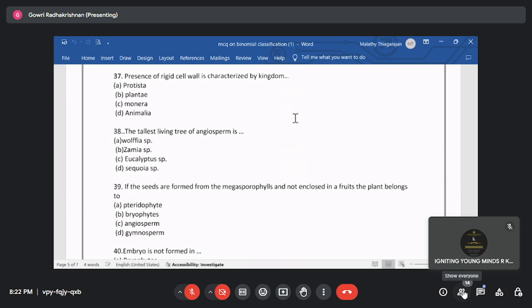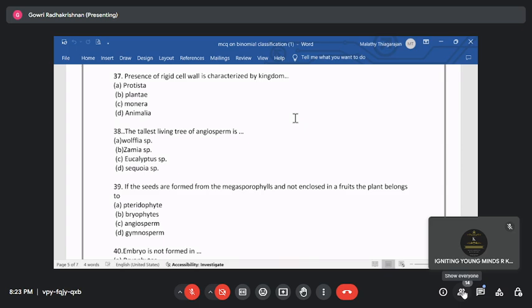Can you please explain, ma'am? See, kingdom Monera, the organisms are prokaryotic cells, they have a rigid cell wall. They are all prokaryotes, and they are characterized by the rigid cell wall. But Plantae, they have a cell wall which is made up of cellulose.